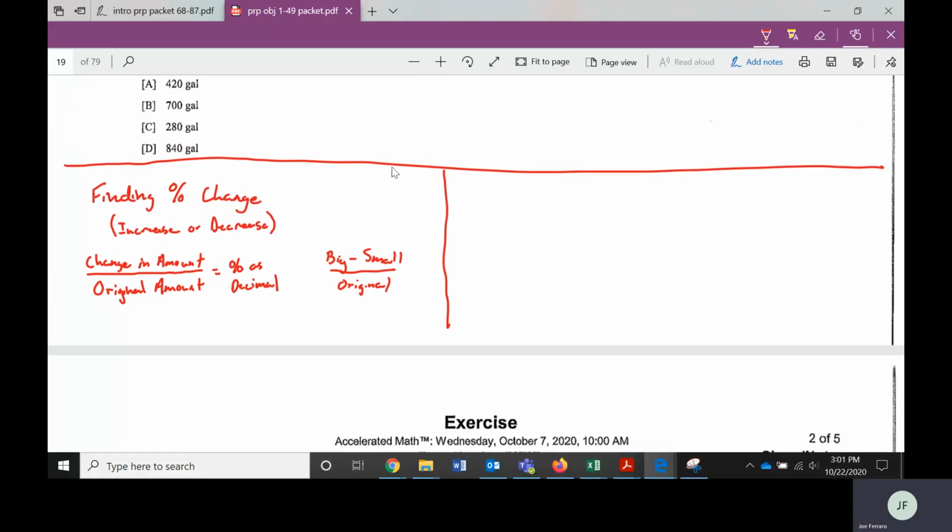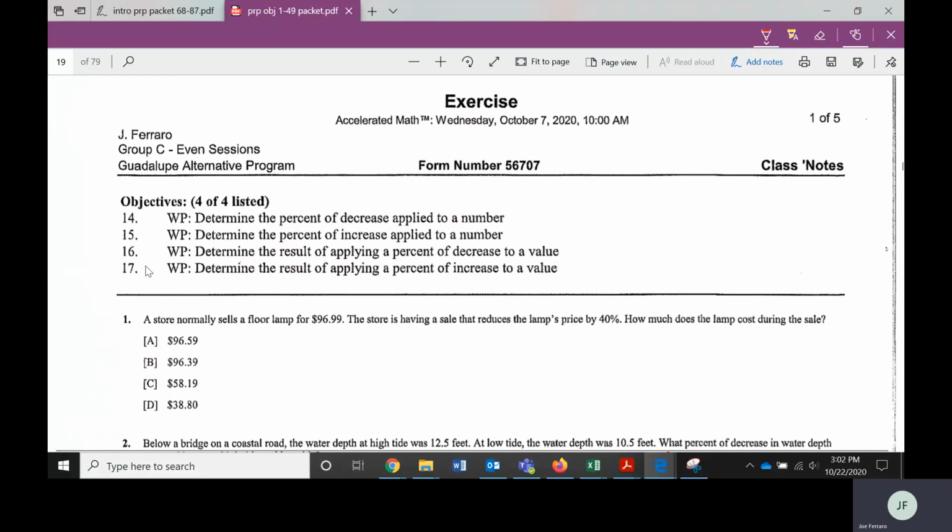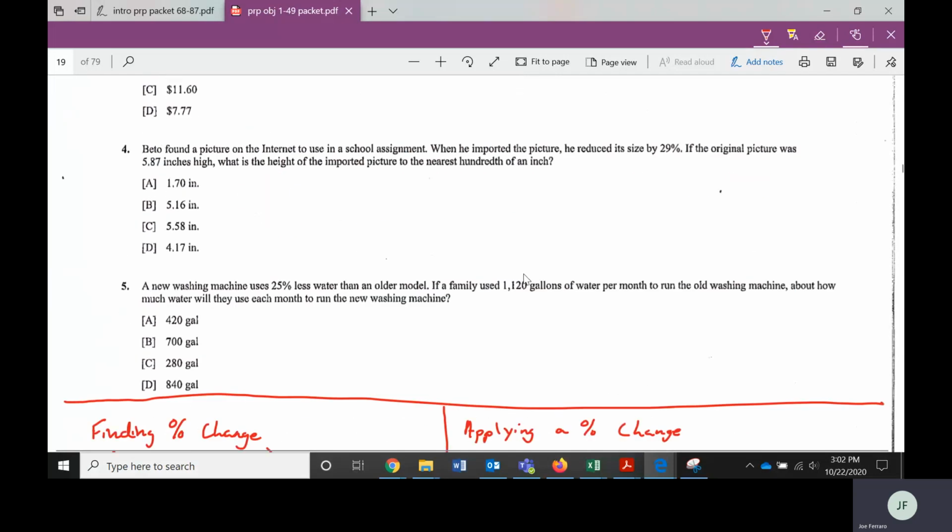And this is going to be just general notes for when we're applying a percent change to the values. Okay, so this is going to be what they talk about in 16 and 17 here. Determine the result of applying a percent of decrease or a percent of increase to a value.